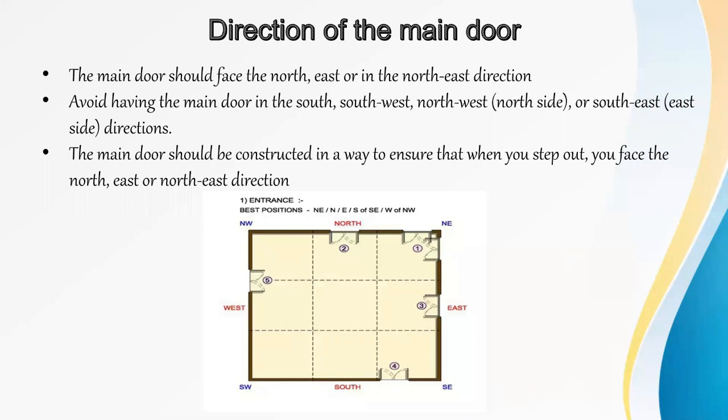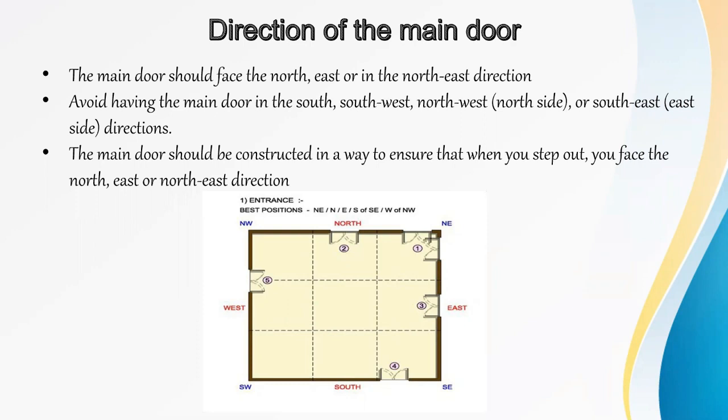Let us discuss the direction of the main door. The main door should be placed in the north, east or northeast direction. Besides that, we can also place it in the south of the southeast direction or west of the northwest direction.